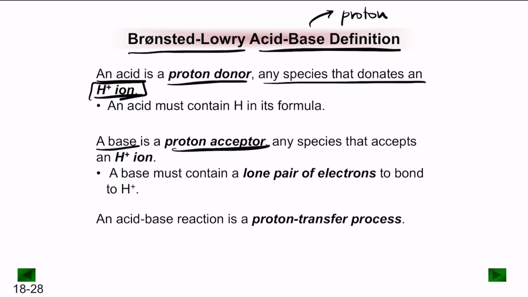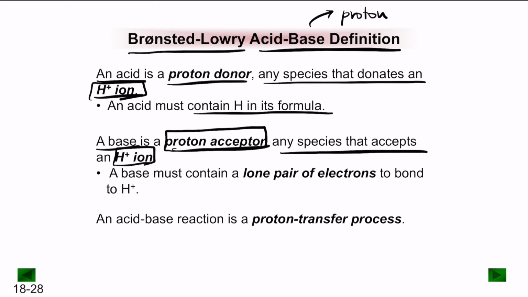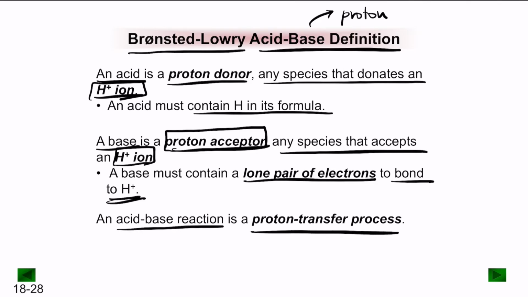Most commonly it contains a hydrogen in its formula. A base is a proton acceptor, and any species that accepts the H plus ion generally contains a lone pair of electrons to bond with the hydrogen. An acid-base reaction is basically a proton transfer process where the proton is transferred from the acid to the base.